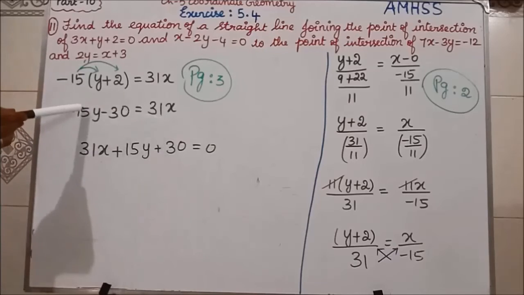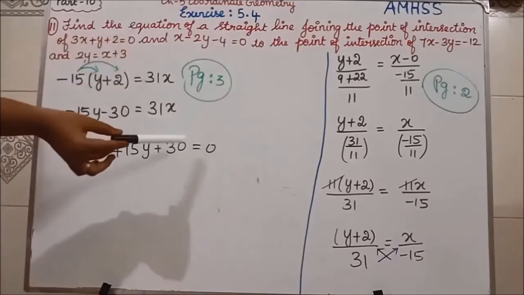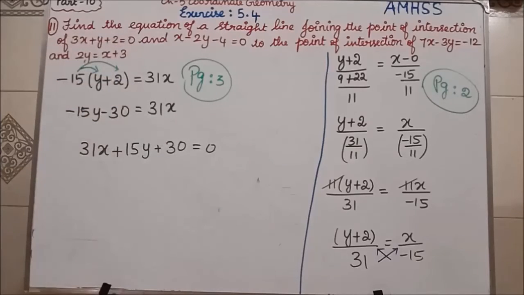So 31x, if this comes this side, +15y, -30 if comes this side, +30, equal to 0. Clear? So the answer is 31x + 15y + 30 = 0, the equation of your straight line. Clear, students? This is the answer for 11th question. Here with this the problem finished. Next we are going to see the 12th question.